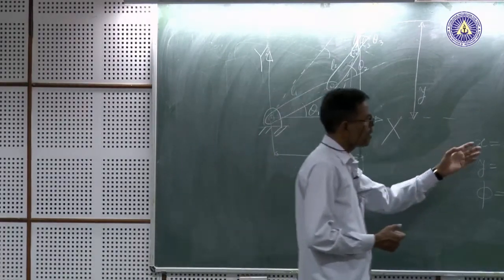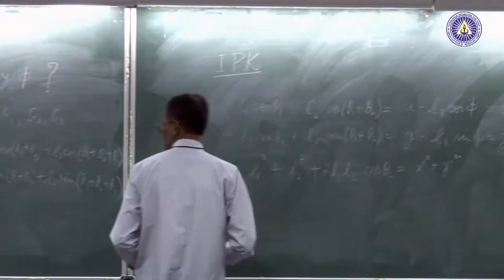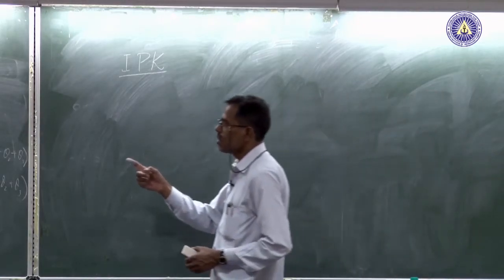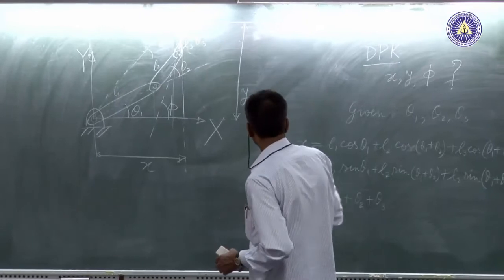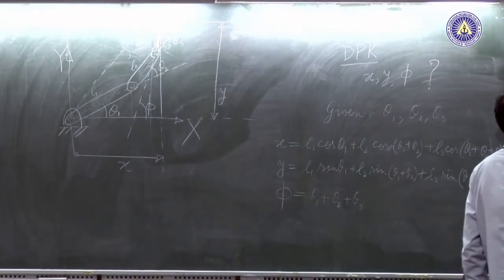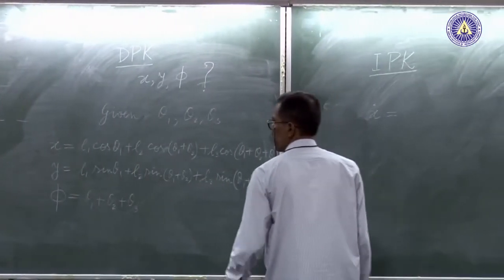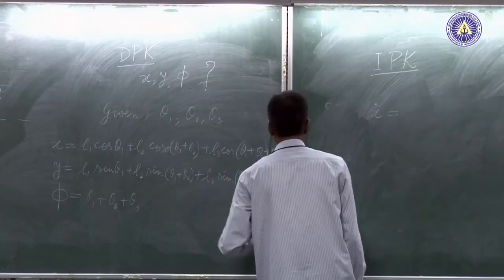Now, if we do that, then the linear velocity of this hand is described by x dot, y dot. So, we find the derivative of these two. x dot will be the derivative of this plus the derivative of this plus the derivative of this.